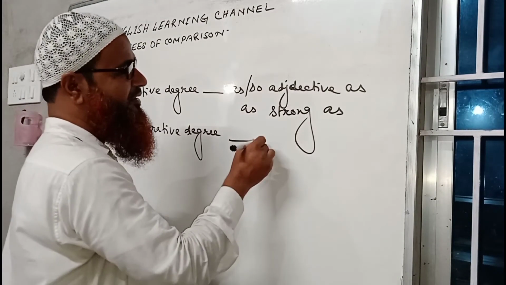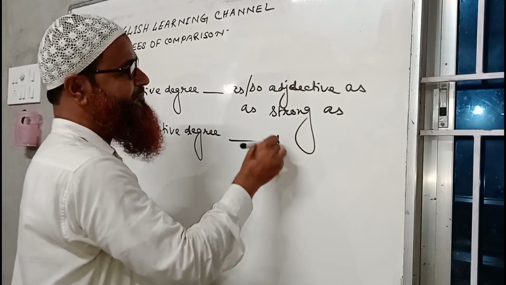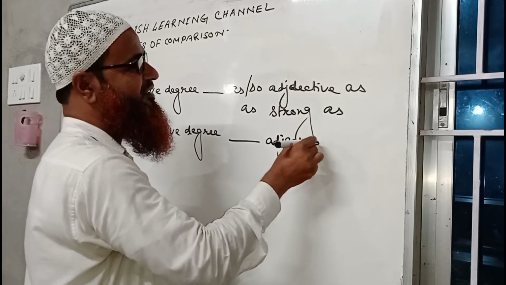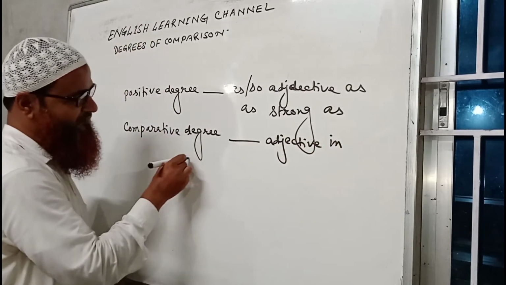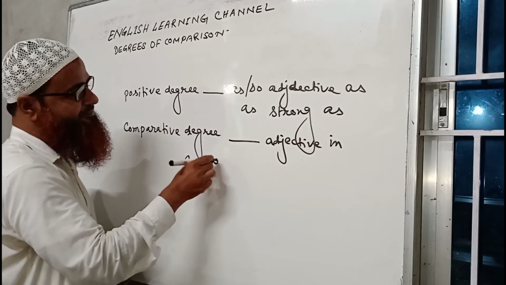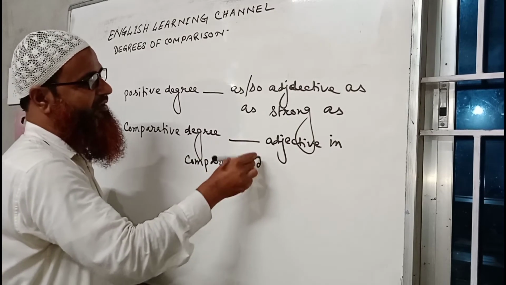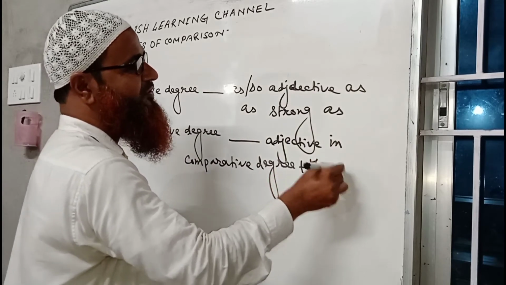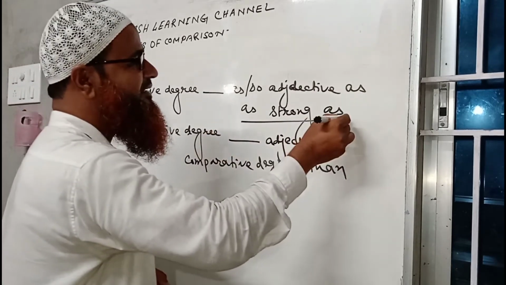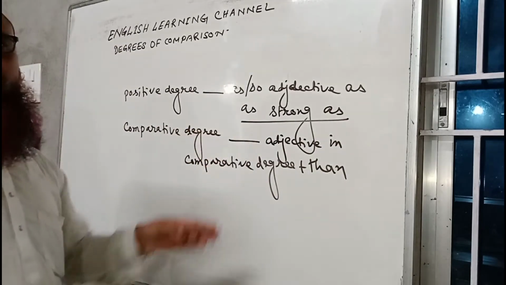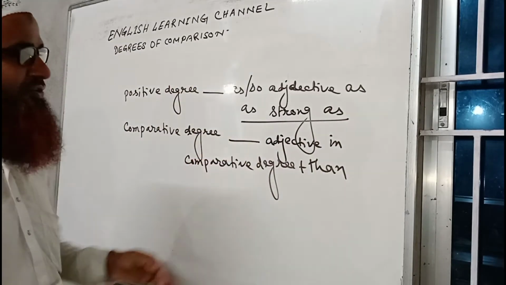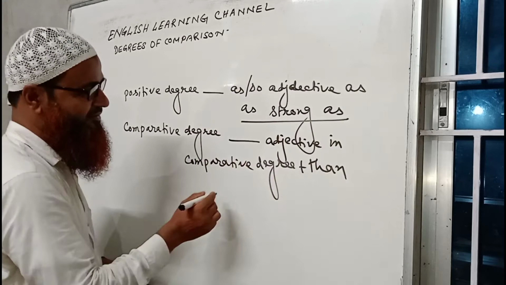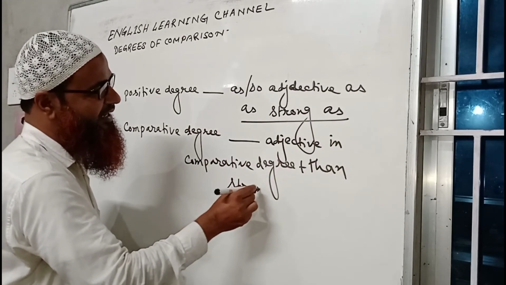So adjective in comparative degree plus than. Okay. So if we want to write it in comparative degree, what should we write? We should write stronger than. Okay, it will be stronger than.